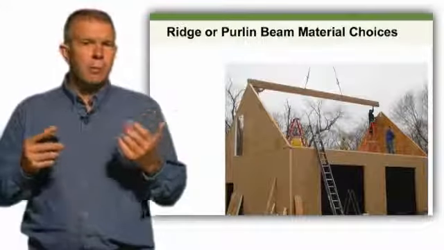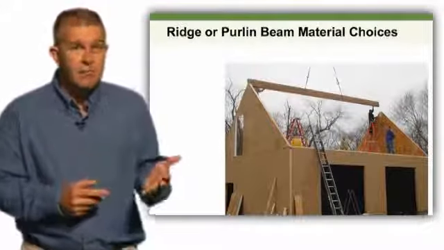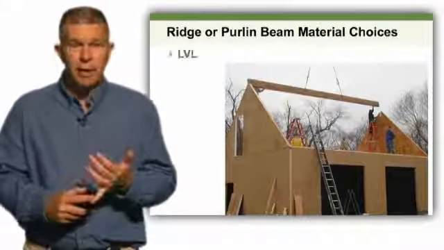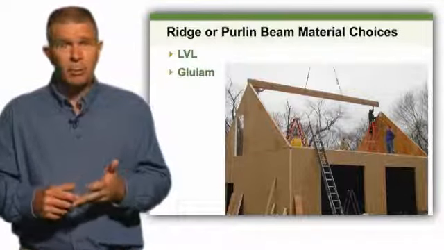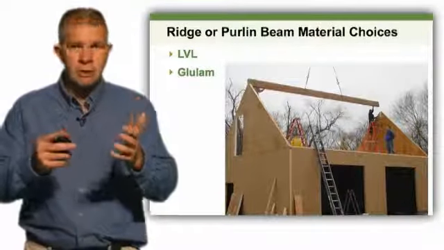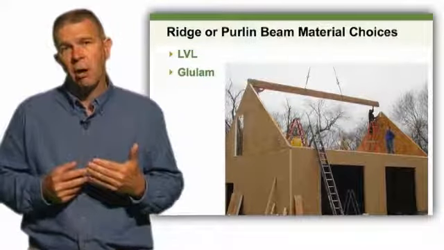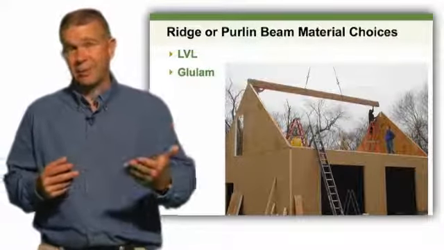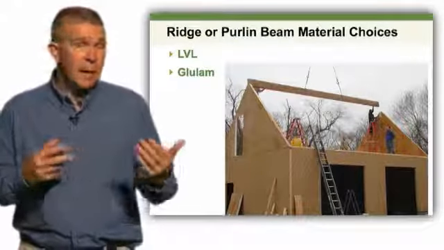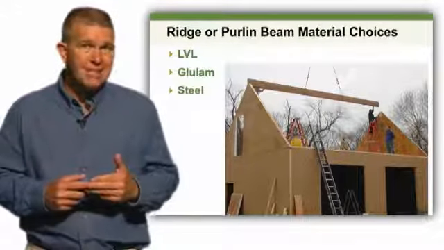If we're talking about ridge and purlin beams, the type of material, also you've got that option to look at. You may deal with LVLs, you may deal with a glue lam, it might be an exposed beam, and an architectural grade glue lam works wonderfully because it becomes now an architectural feature of the house. Not only is it an architectural feature, but it's also holding up your roof system. If the span gets so far, you may have to incorporate steel.